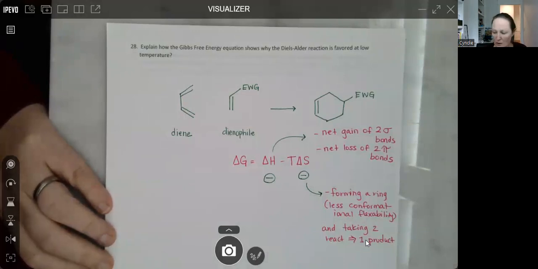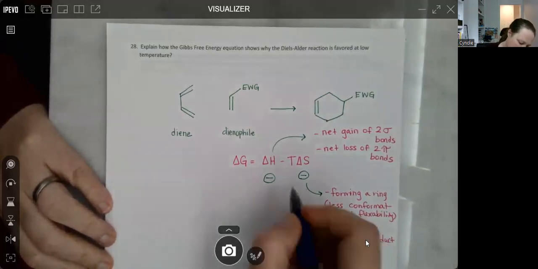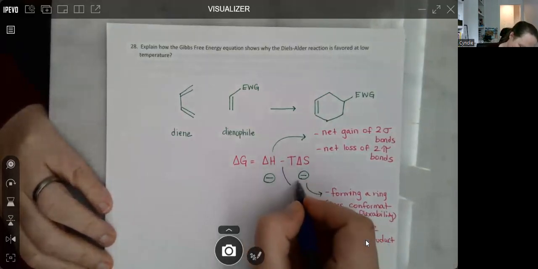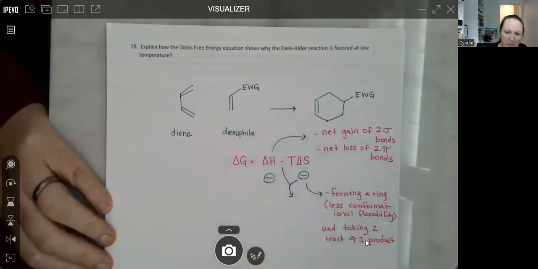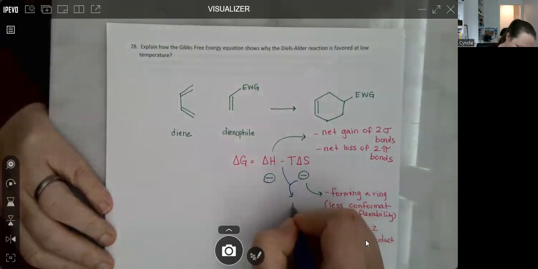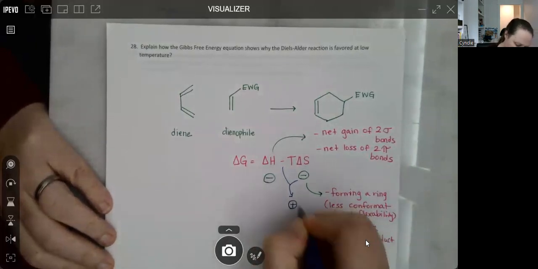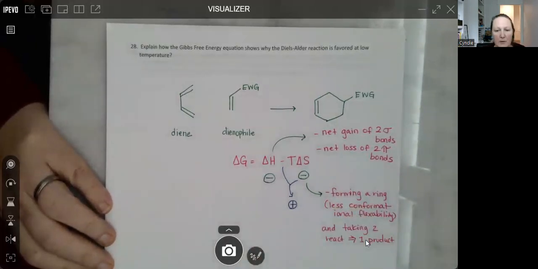Okay, so really we have to think about the fact that we are taking the negative of a negative number, right? We're subtracting a negative number. So when we subtract a negative number, we're really adding the number. So these 2 together are actually positive, right?